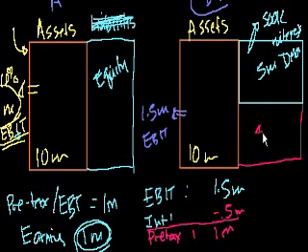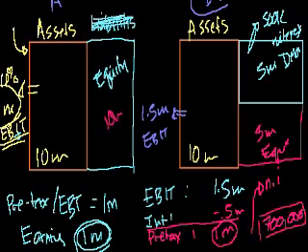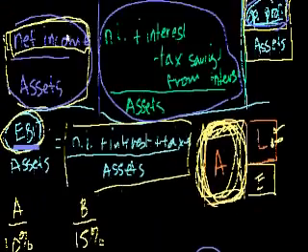He has $5 million of equity, while this guy had $10 million right here. And this is pre-tax, and he has to pay 30% in taxes, like we did in the previous example. So his net income will be $700,000, right? Because he has $1 million pre-tax, he has to pay $300,000 in taxes, so he has a $700,000 net income.